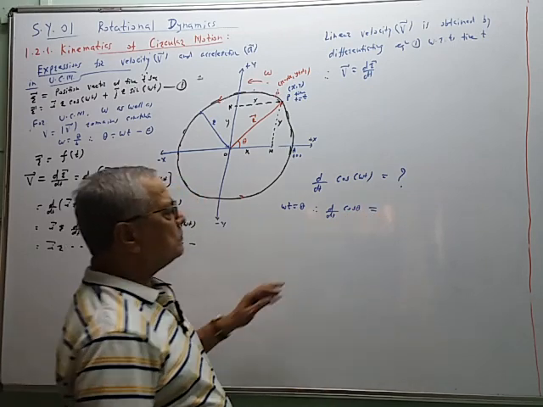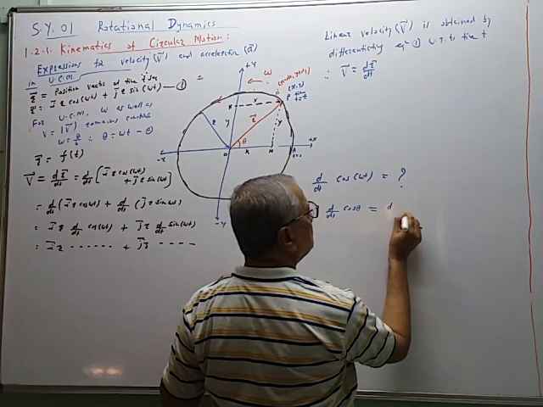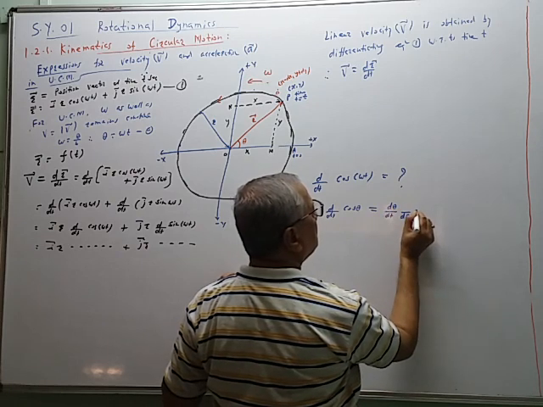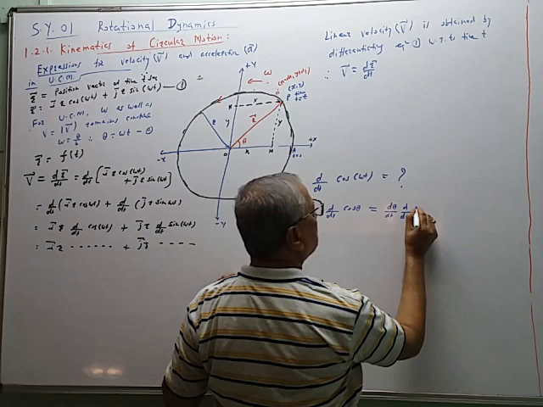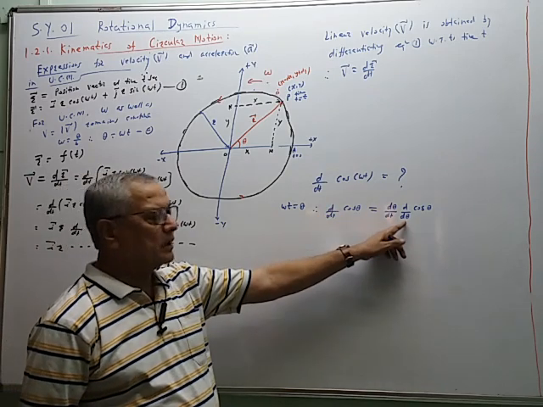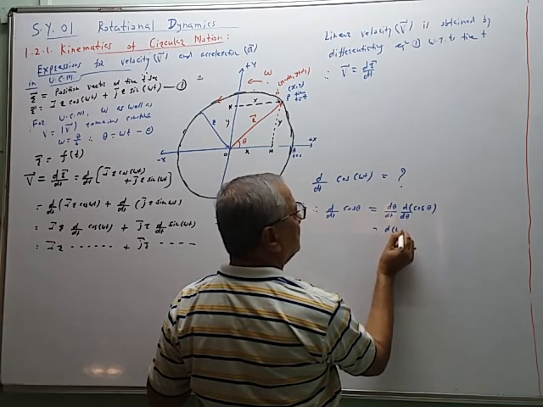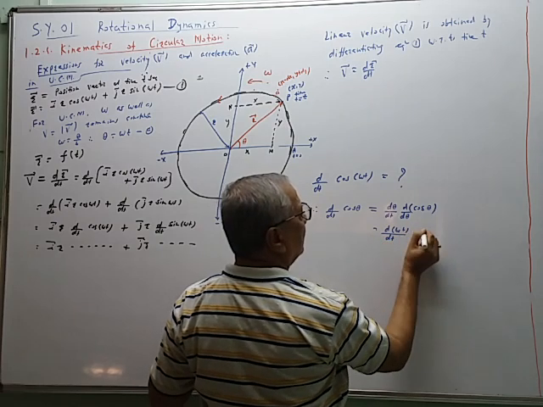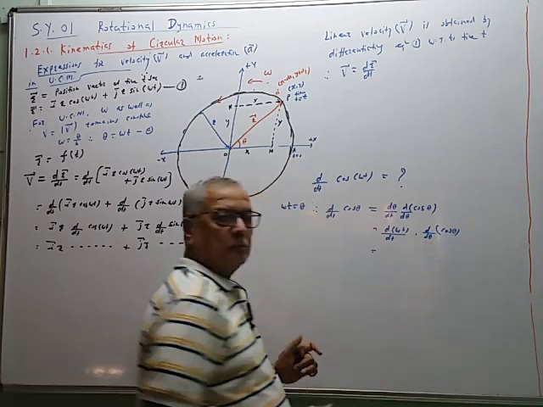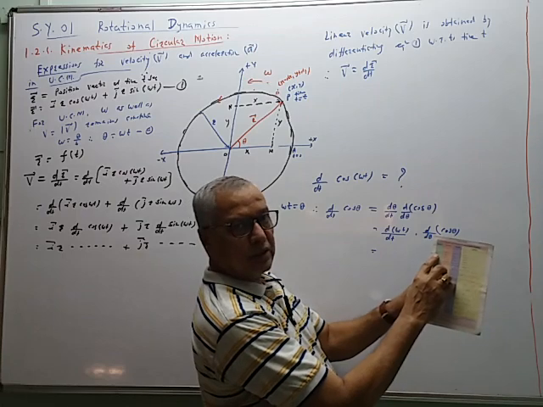Now this d by dt is also written like this: I only arranged d by dt, multiplied by d theta and divided by d theta. Now d theta is equal to omega t upon dt in the first part, and d by d theta of cos of theta, whose answer is given in the standard table of derivatives. You can use your log table.